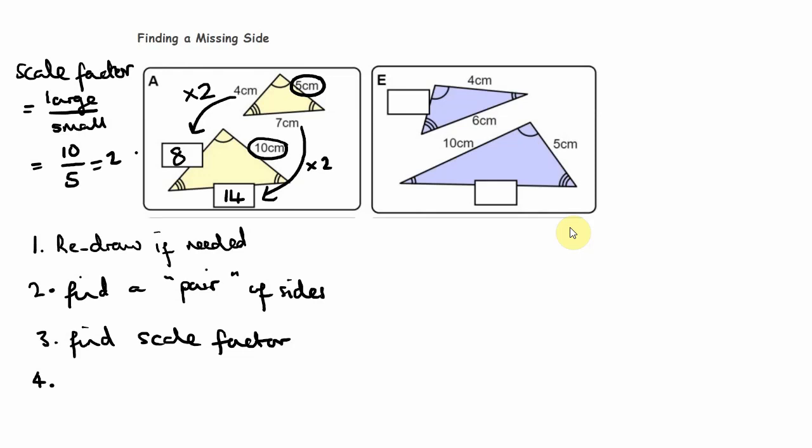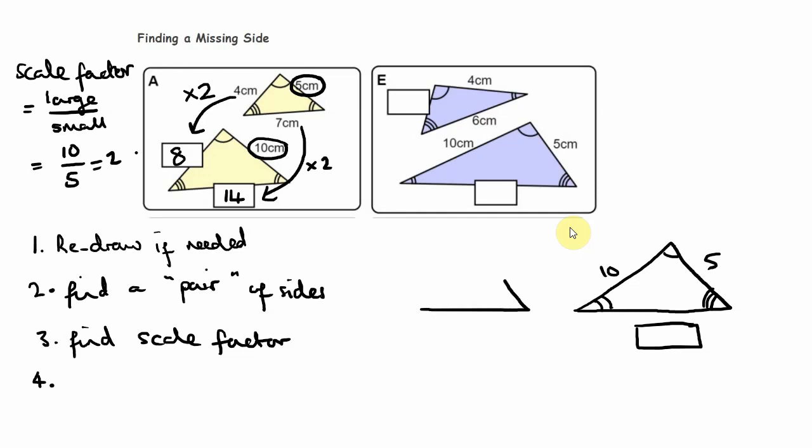So, I've got my large triangle here. I'm going to draw it out in this orientation. So triple down there, single and double. So 10, 5, blank. And then I've got my small triangle there, looking the same, different size.